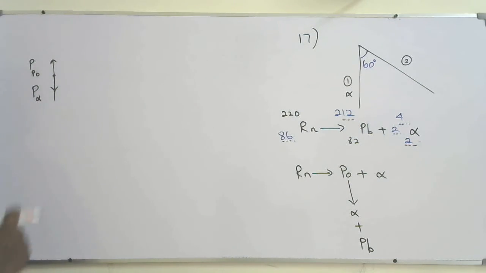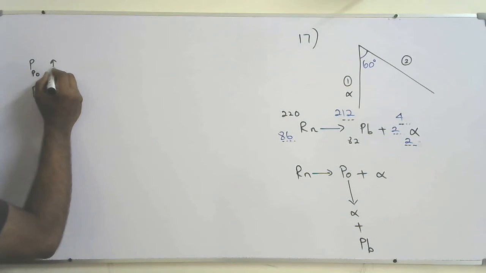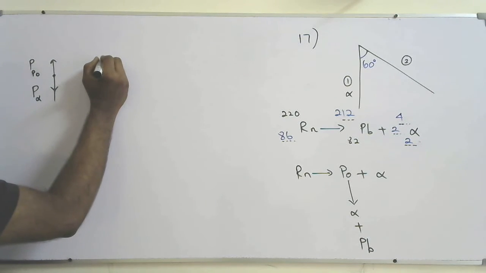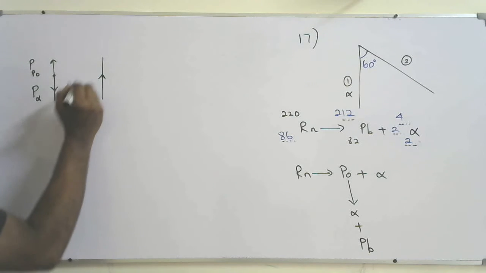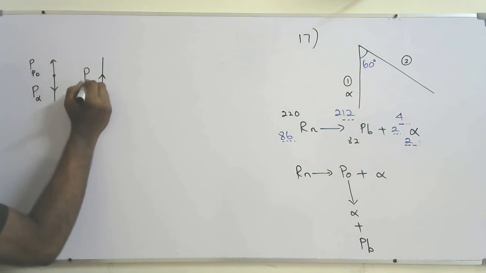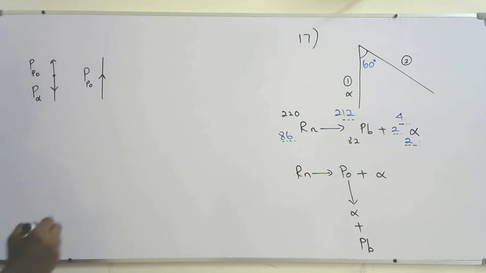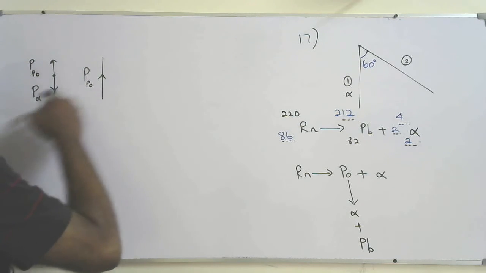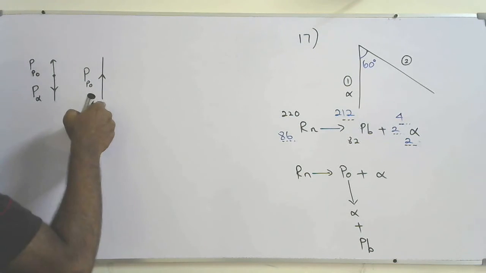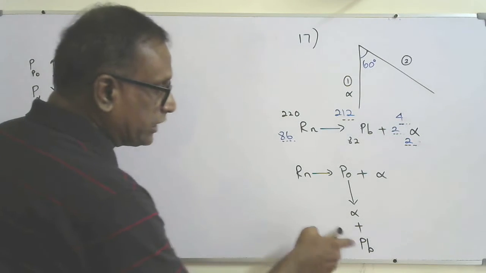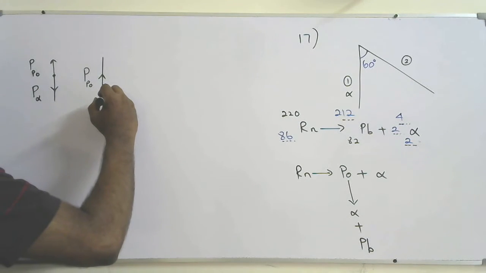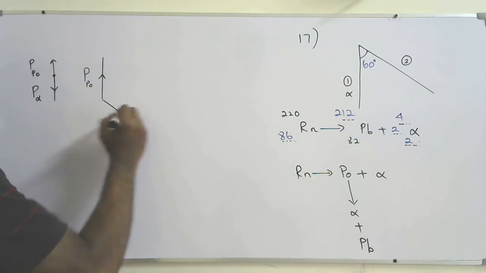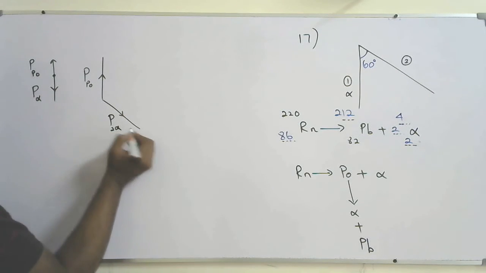So what will happen? When the polonium decays, the polonium is moving in this direction, so polonium has momentum P in this direction. It has an alpha particle that makes 60 degrees with the first alpha particle, which means it can go like this, with the first alpha particle vertically down. The second alpha, produced when the polonium decays, should have a direction this way. So P2 alpha, I can say.